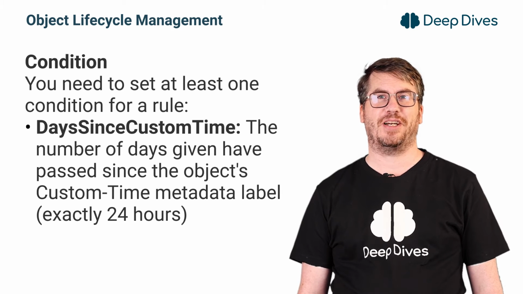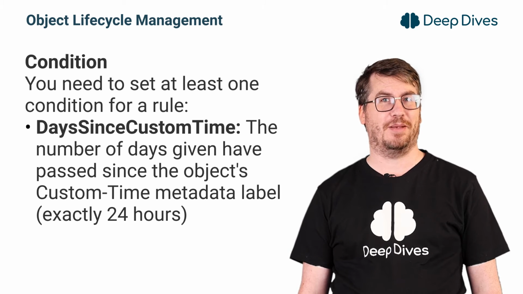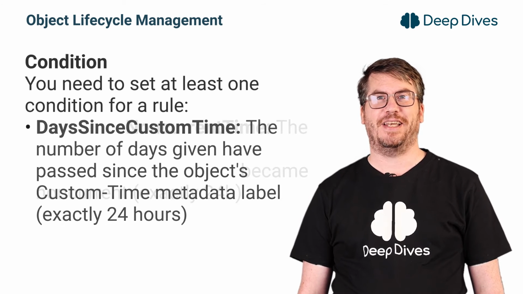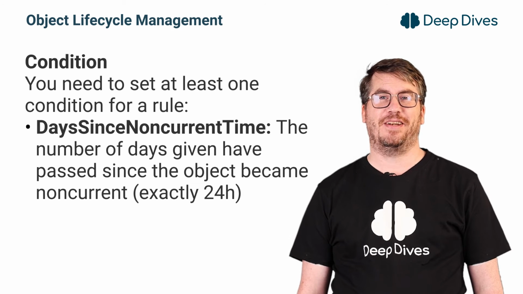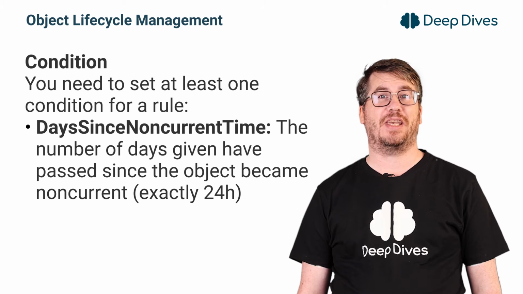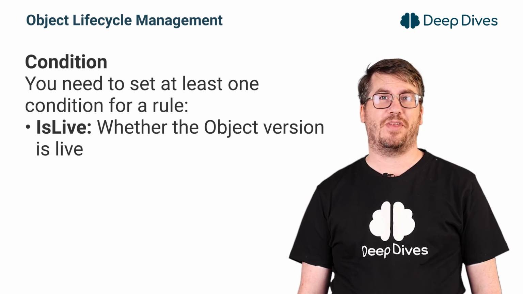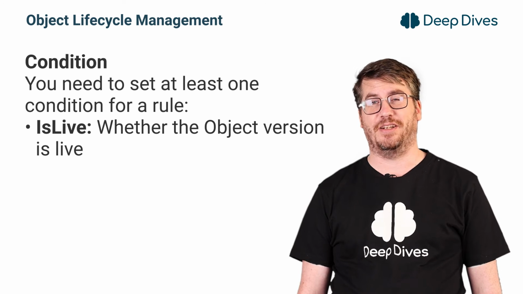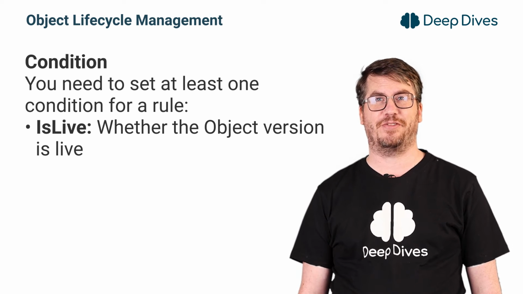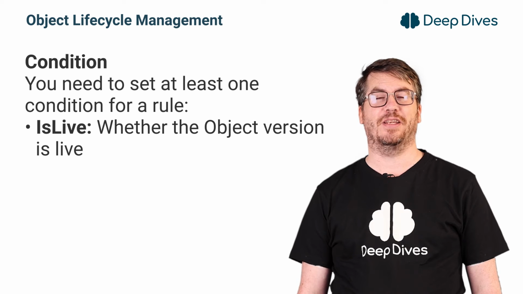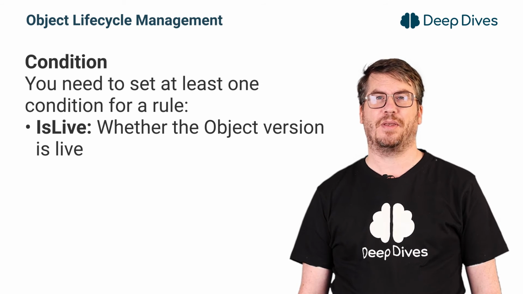Days since custom time, this is the number of days that have passed since the object's custom time metadata label. Days since non-current time, this is the number of days that have passed since the object became non-current. Is live, whether the object version is live, and here this is often used in the reverse phase, so we're checking whether is live is false.